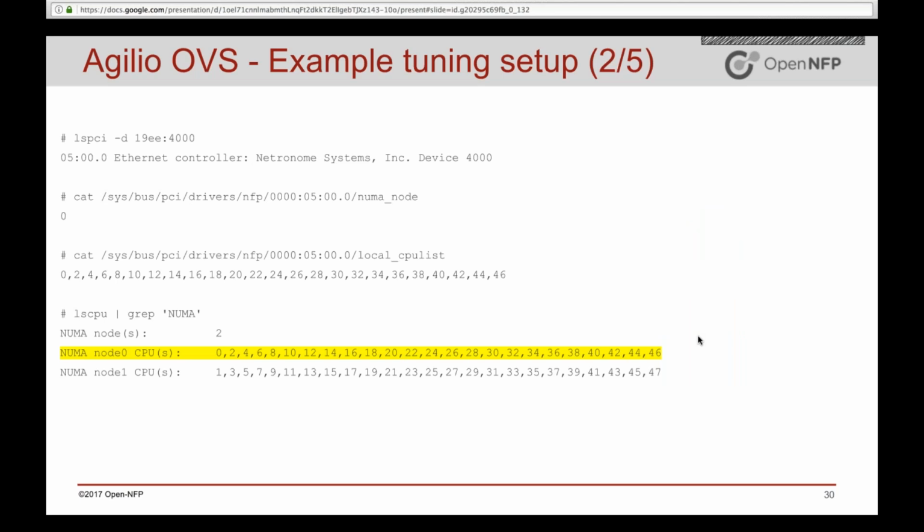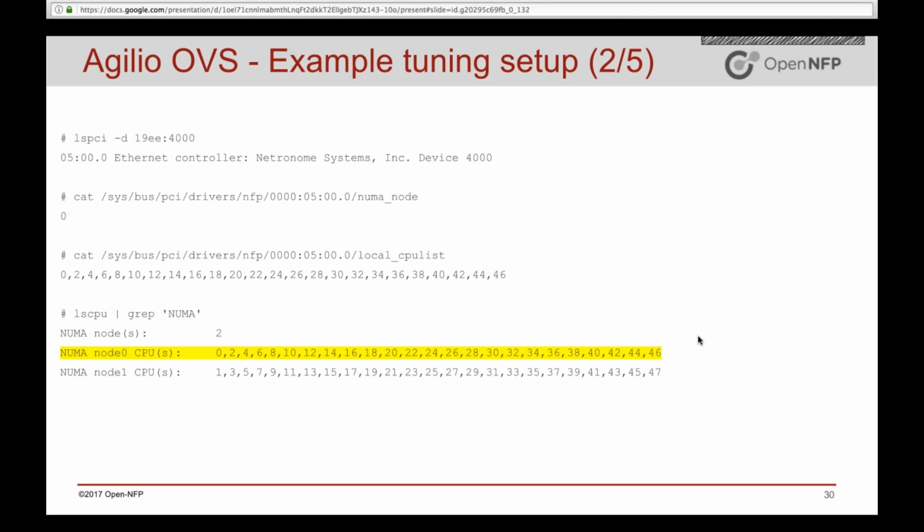So during the allocation of the CPU, the first step that you need to determine is that you've taken your SmartNIC, you've plugged it into your server, and now comes the next part. What CPUs do you need to use for this testing? What one can use is the lspci command to find out the PCI address of the SmartNIC that's included, and then use some of the sysbus PCI drivers to find out on which NUMA node the card is allocated.